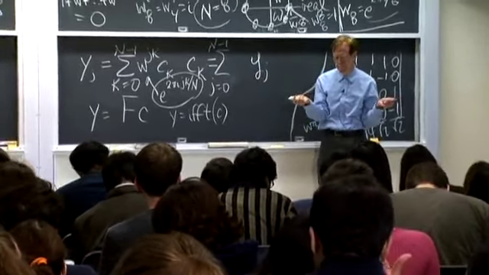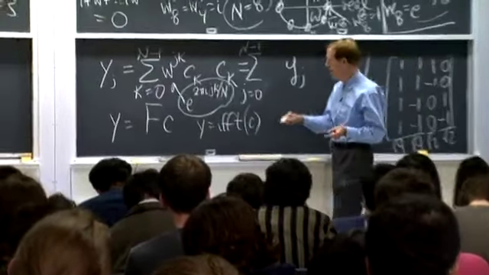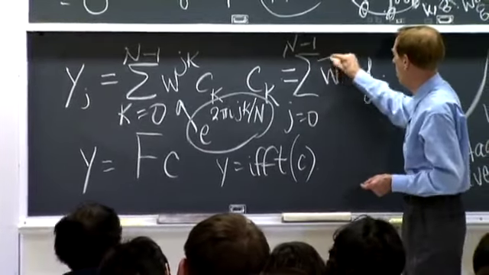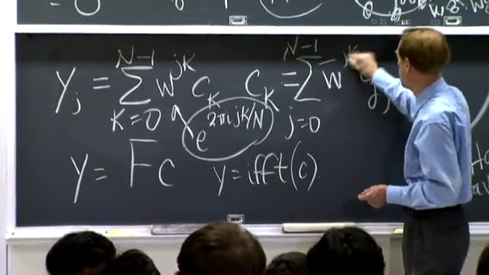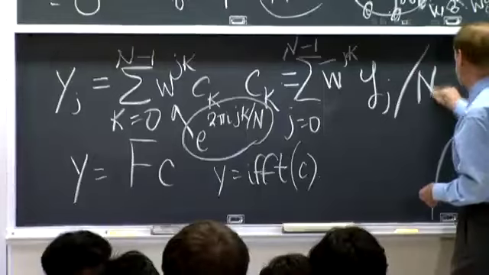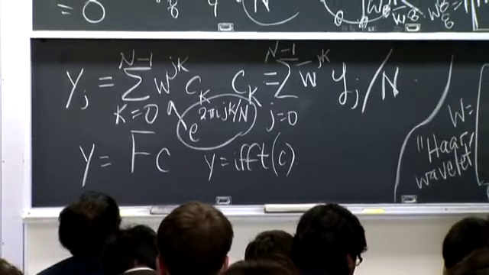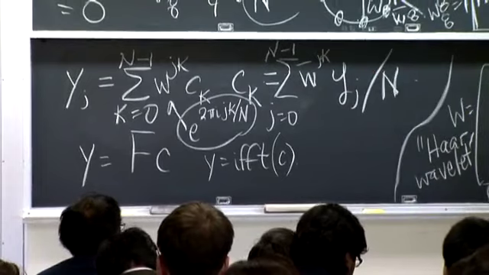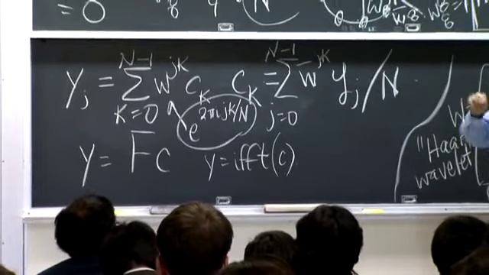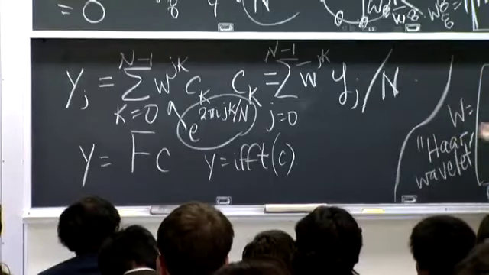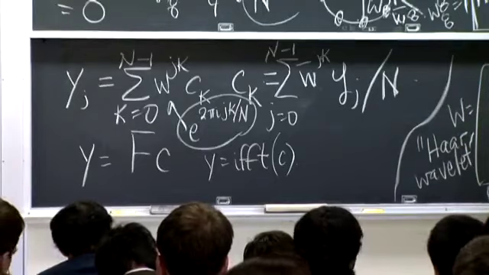W bar. The complex conjugate, e to the minus all that stuff. W bar to the same power jk, and then I have to remember to divide by n somewhere. I can put it here, I can put it there, but the all ones vector has length squared equal to n, and I've got to divide by an n somewhere.